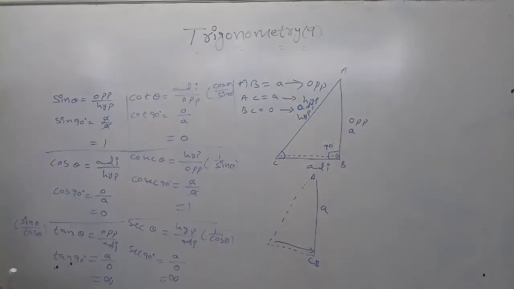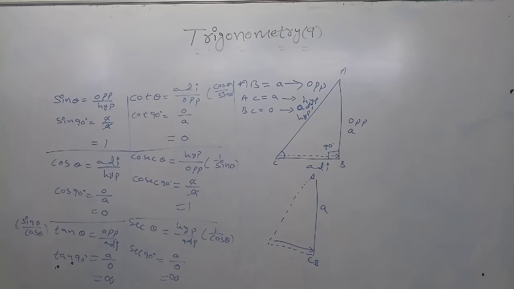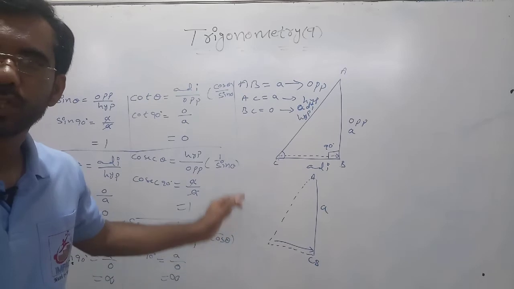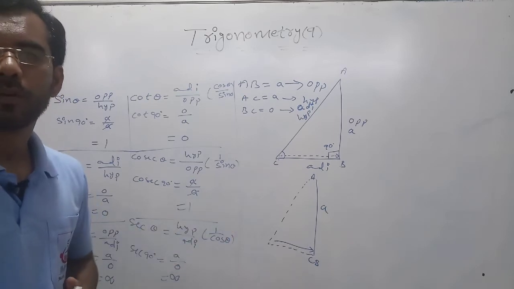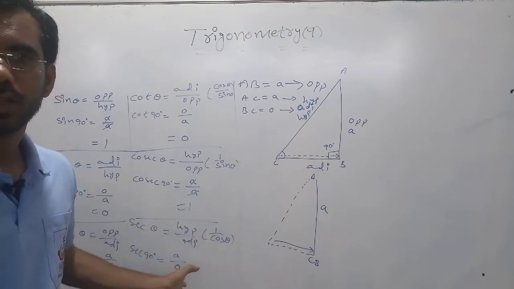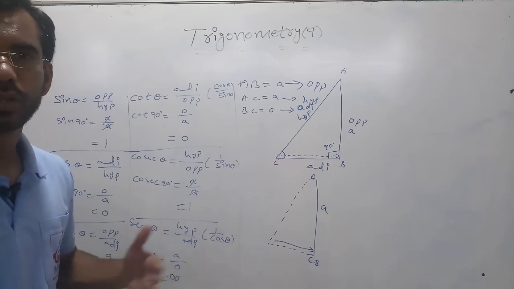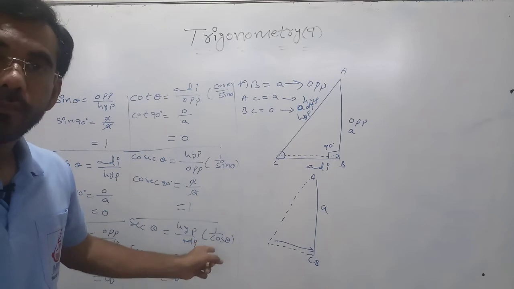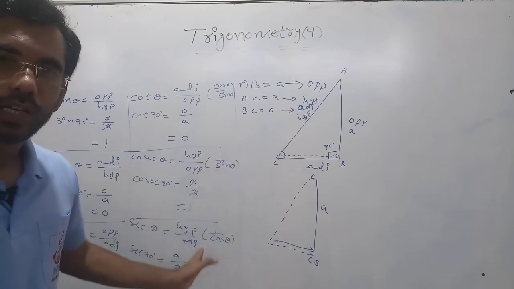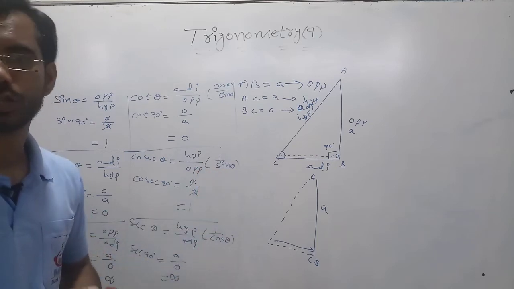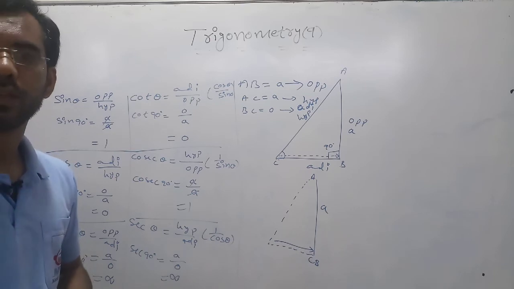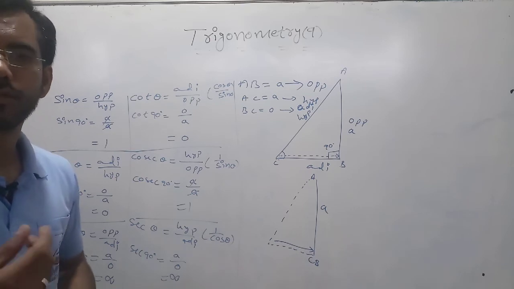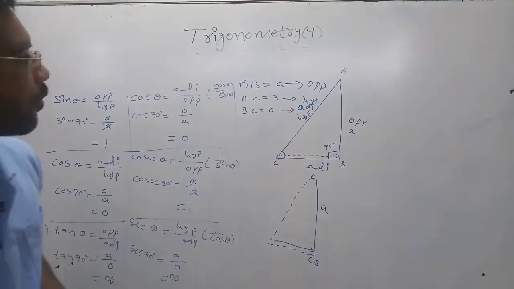If you are able to understand this basic concept, it is most important. This topic will not be in your syllabus, they will not ask the question to find how it is forming, but it is very important for the basic concept. If you understand this, then you can find any ratios of 60 degrees, 90 degrees, 0 degrees, 45 degrees. Let me explain once again.